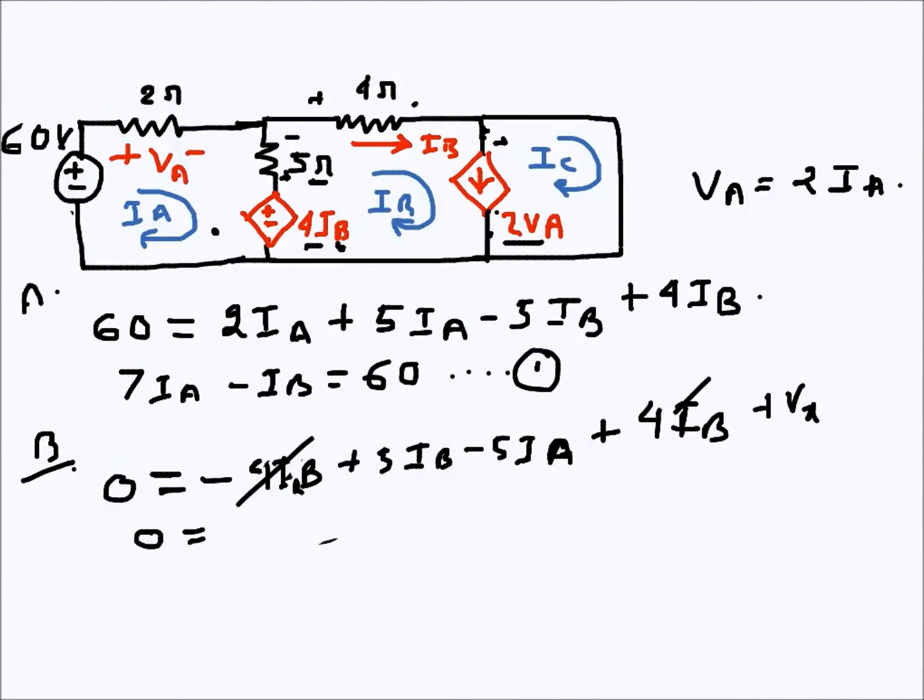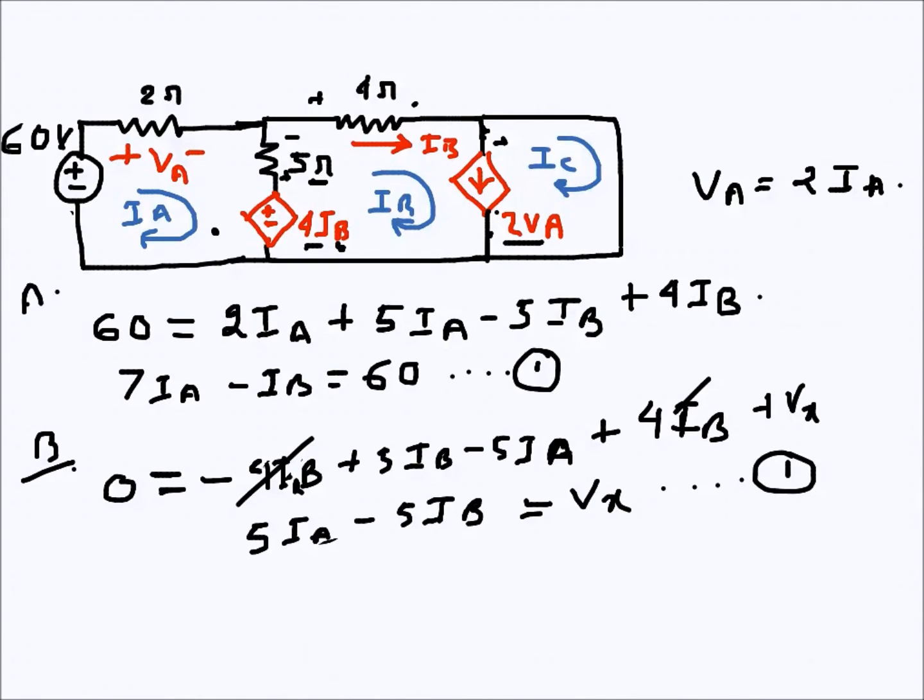So this is becoming 5IA minus 5IB is equal to Vx. I've just rearranged it, taking this on the right hand side and this on the left hand side. This is the other equation we have now.